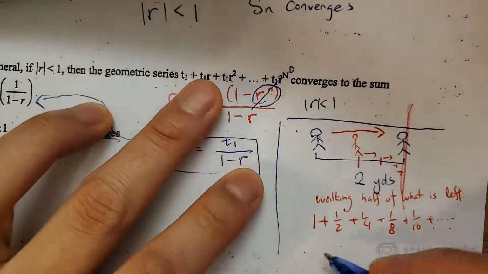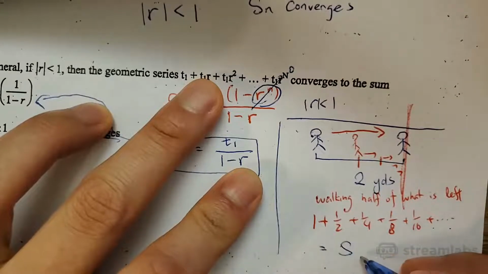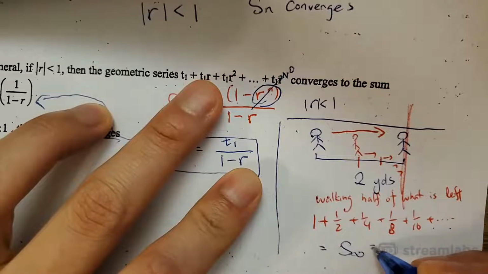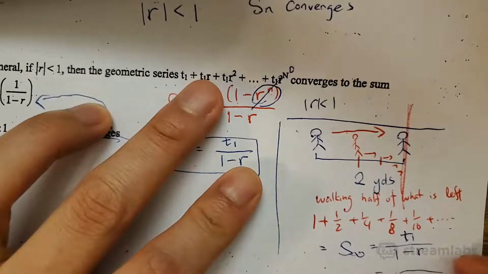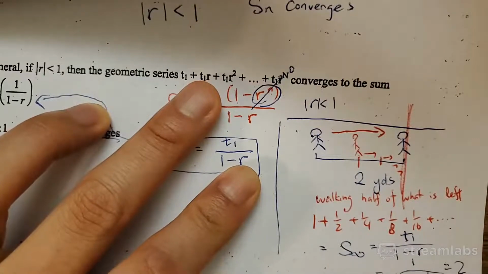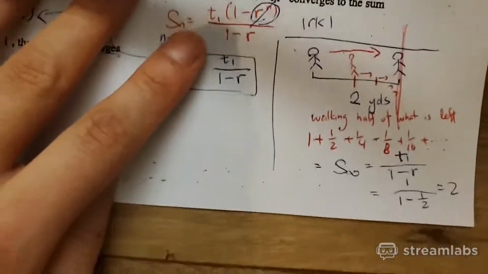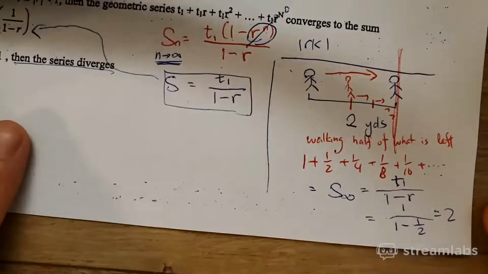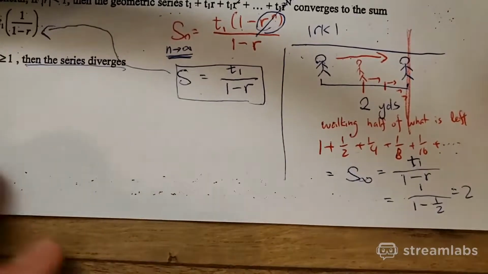If you look at it from the mathematical standpoint, S infinity equals first term T1 over 1 minus r. T1 is the first term, and 1 minus r is 1/2, so that would be 2. So that's the idea of an infinite geometric series.